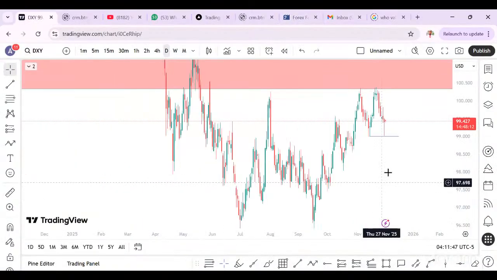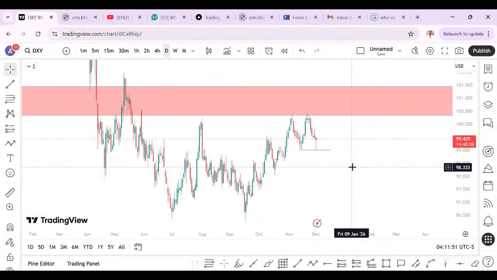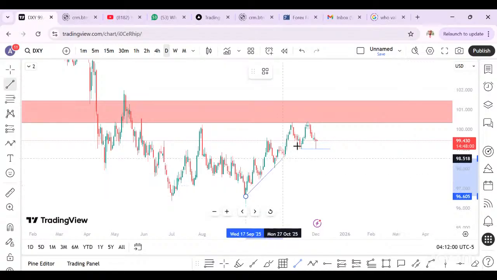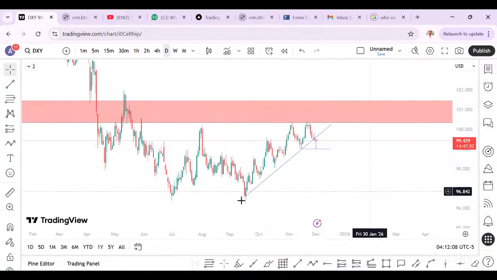So we start with DSY. So we're on a daily time frame. Like I've said yesterday, there's nothing much yet. So the DSY is still more. Sometimes trend line it can be deceived, right?